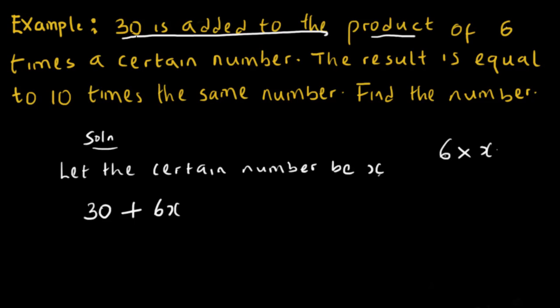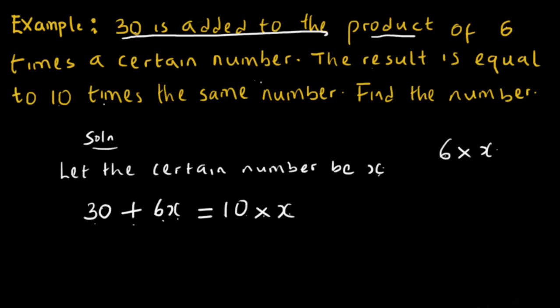Do you understand? 30 is added to the product of 6 times a certain number. So we have 30 plus 6x. Does this make sense? The result is equal to, so we'll put equals to 10 times the same number. And what's the certain number? X. So we have 30 plus 6x equals to 10 times x.